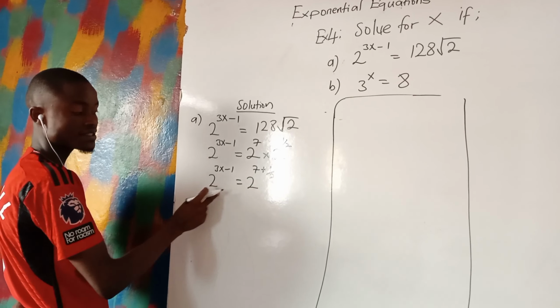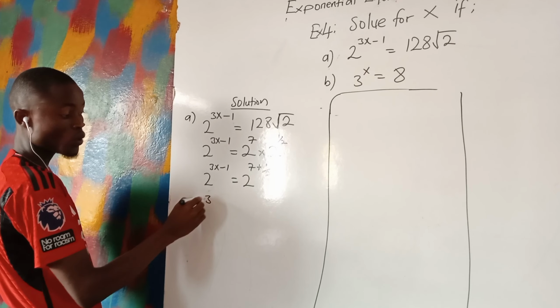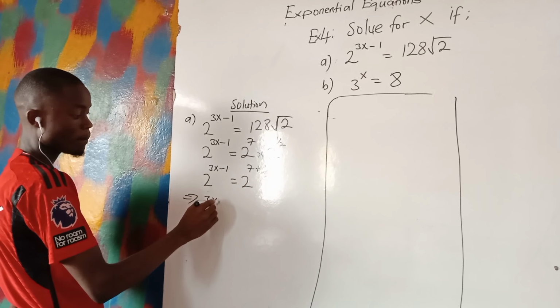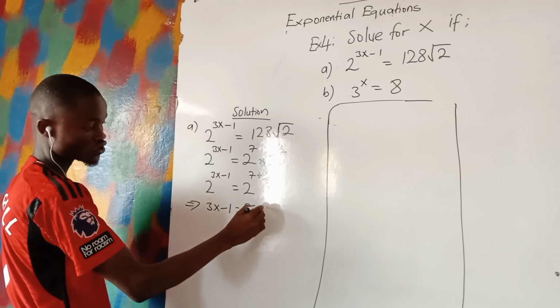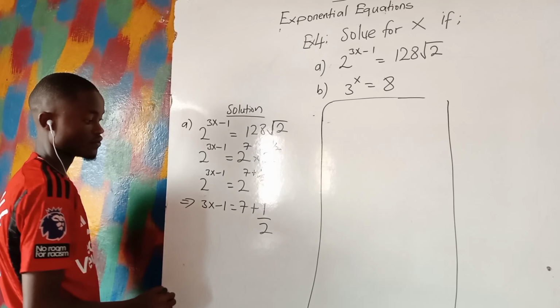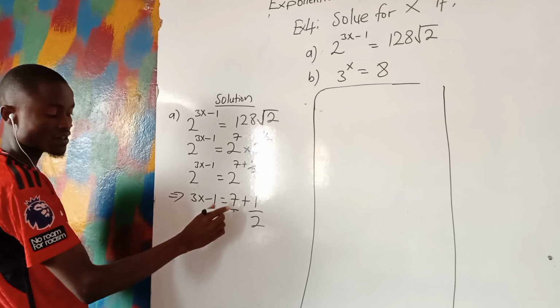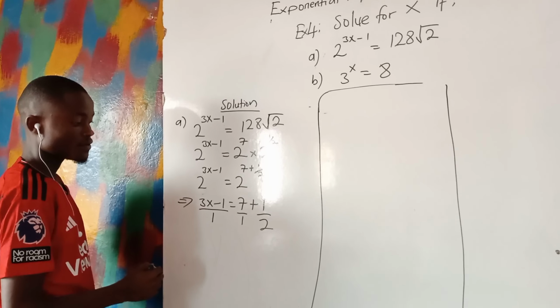The bases are the same now, so you equate the powers. Are we getting it? So 3x minus 1 equals 7 plus half. Mind you, the denominator for this 7 is 1, and for this also it is 1.